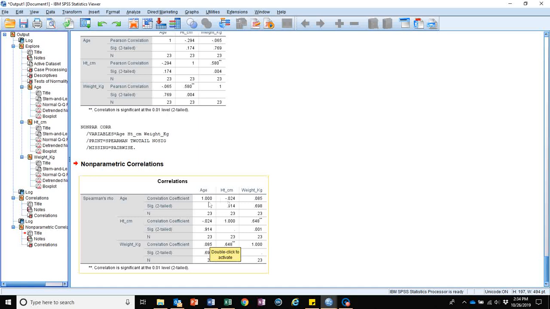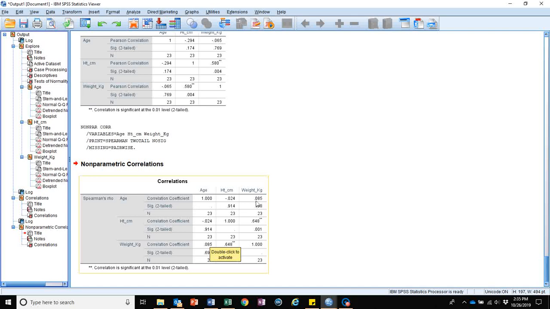The way it sets it up, it looks at age to height, and there's not a very significant correlation. The R value, or the Spearman rho in this case, is negative 0.024, and its significance is very low, way above 0.05.